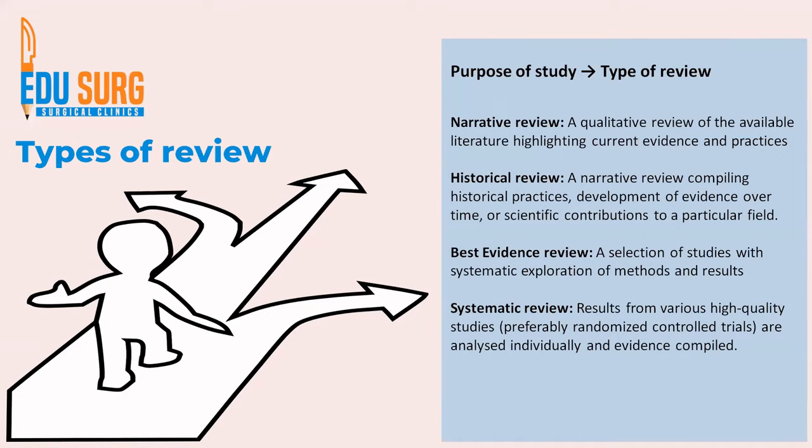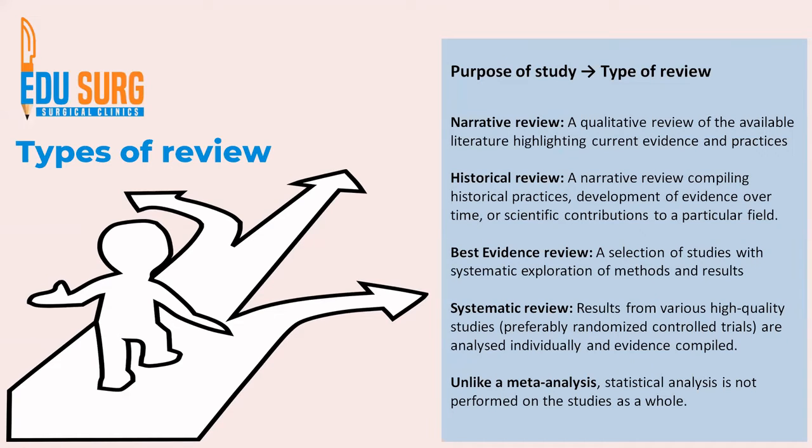We have already seen systematic review and meta analysis. In a systematic review, the results from various high quality studies are analyzed individually and evidence is compiled. Unlike a meta analysis, in a systematic review, the statistical analysis is given as per the individual topics and articles and not as a whole.